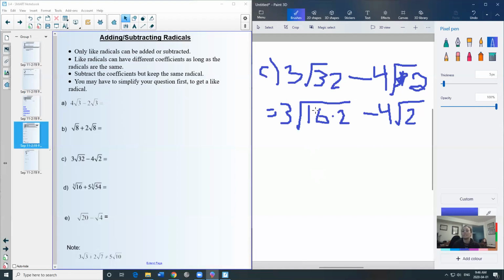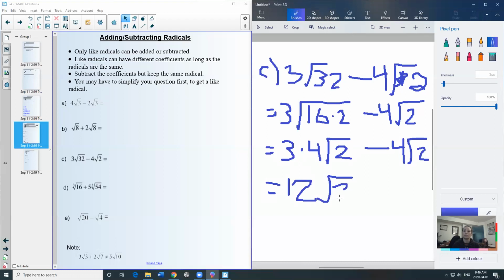Now, root 16 times 2, I can't take the root of 2, but I can take the root of 16. So I'm going to take the square root of 16 to give me 4. So this is going to be 3 times 4 root 2, and then minus 4 root 2. Okay, 3 times 4 is 12. So I'm left with 12 root 2 minus 4 root 2.